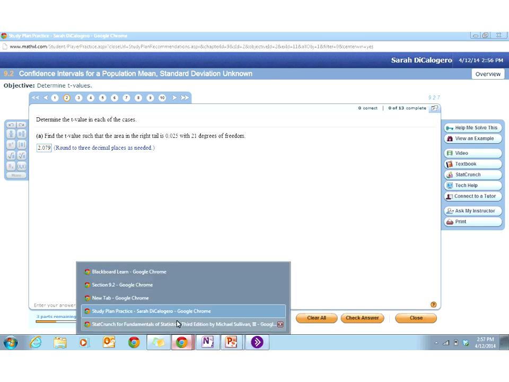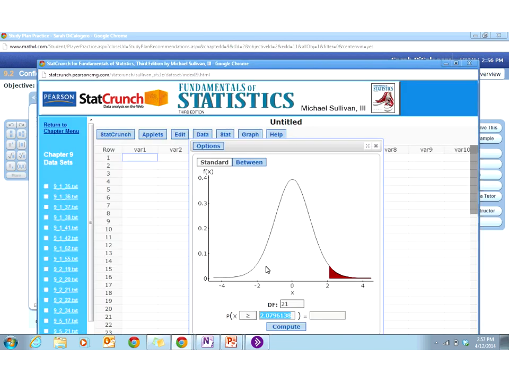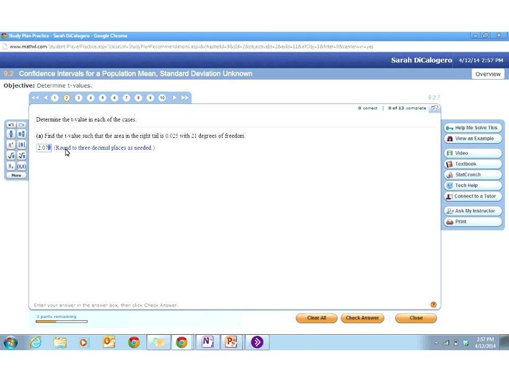I know we did that right, so what is going on here? 2.0796, which should be 2.0. If you round that up, it should be 2.080. Hopefully now it'll tell me what I did wrong. Oh, I thought I put that in the first time. I don't know, 2.080 with the rounding.